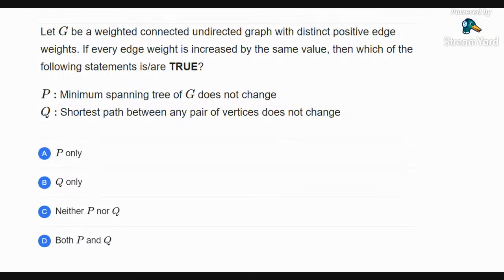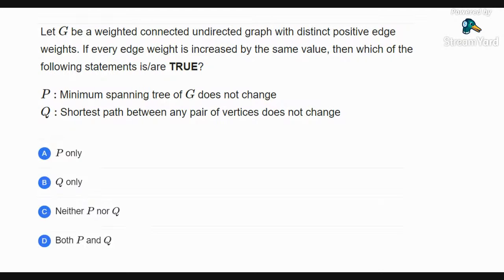And if every edge weight is increased by some weight, like you can consider a graph in which edge AB was there earlier, the cost of AB was 5, and if each and every edge weight is increased by some value, like if one edge is increased by 2, then all the remaining edges will be increased by 2 also.